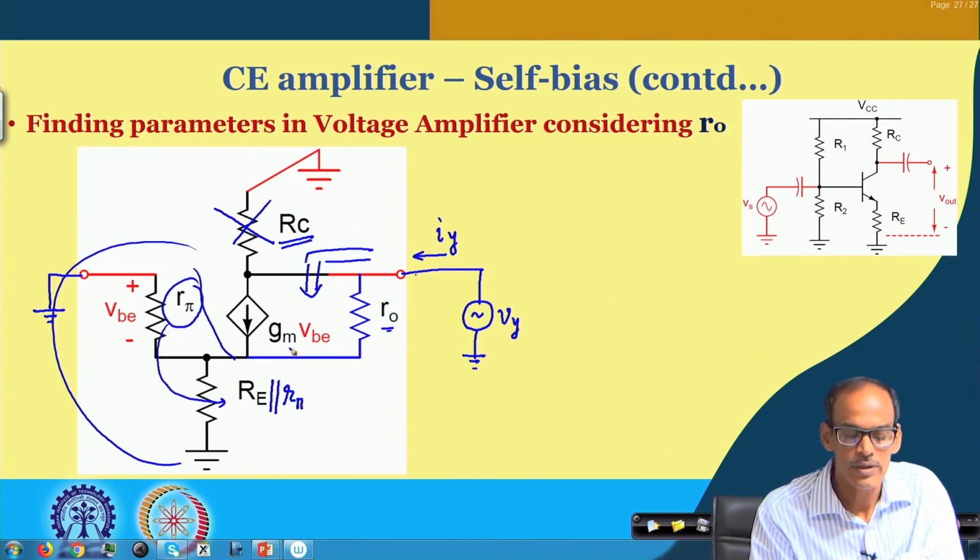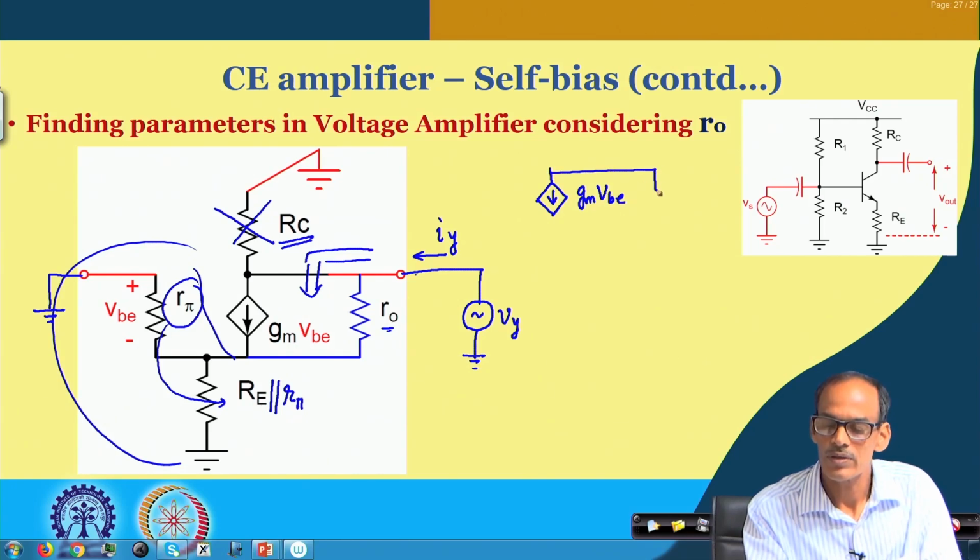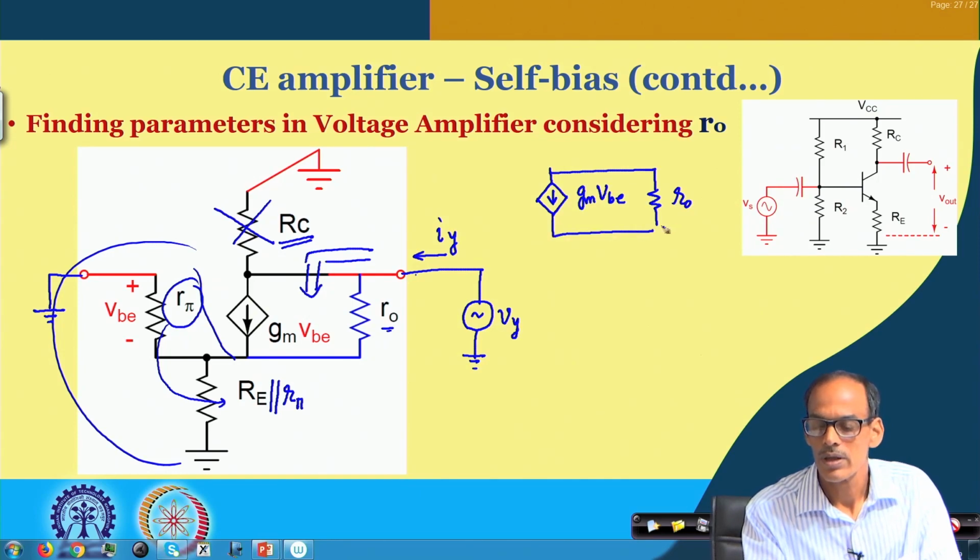We may come to this circuit again and again, so let me draw it as a general one. We have a current source here, which is Gm times VBE, and then we have the Ro here, and then the resistance here.